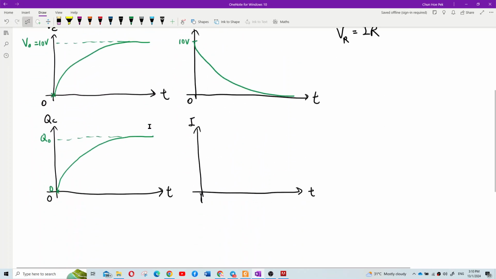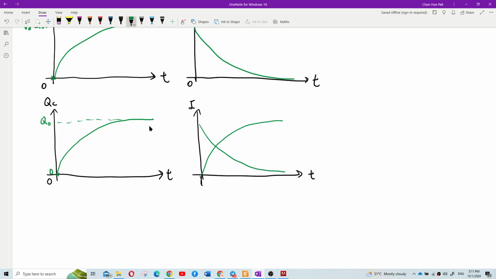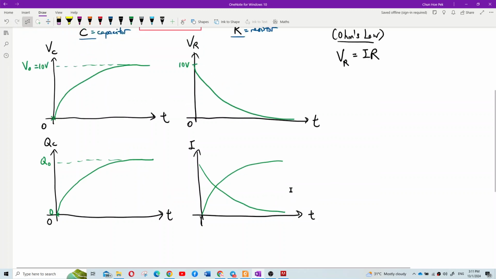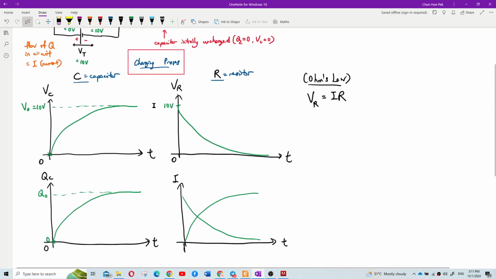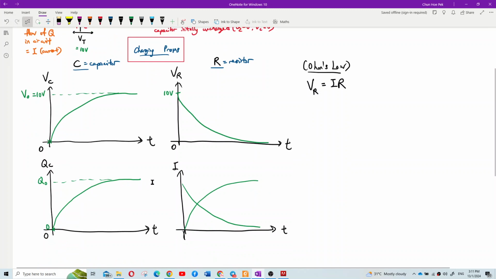Arus ini, what I want to ask is semakin bertambah atau semakin berkurang dalam charging process ini? Charging, so charge semakin bertambah.